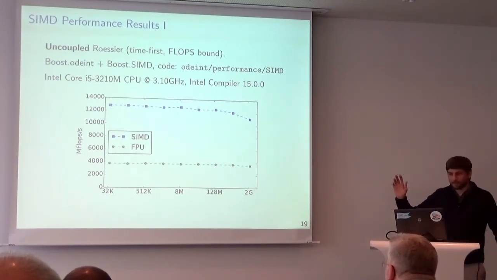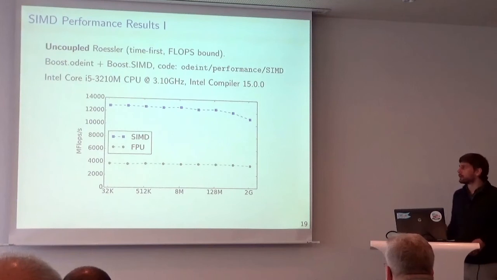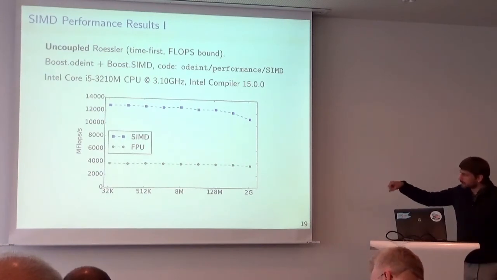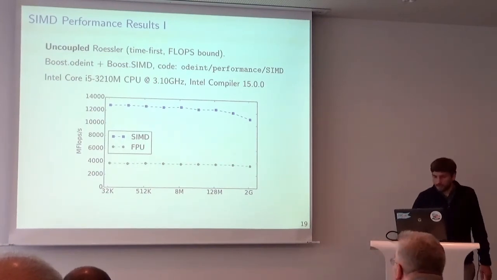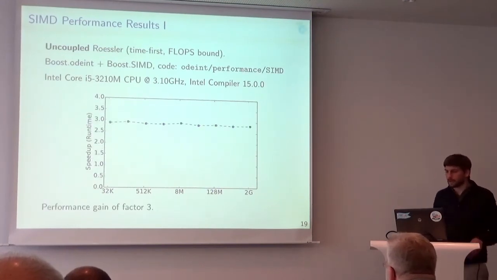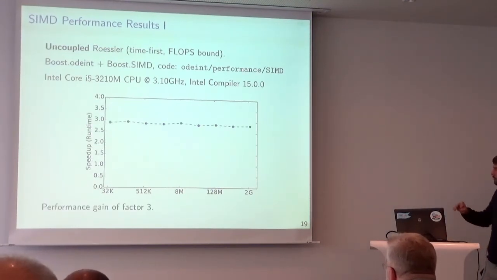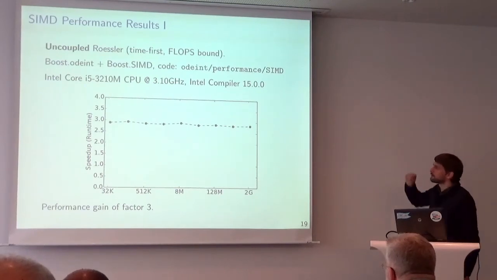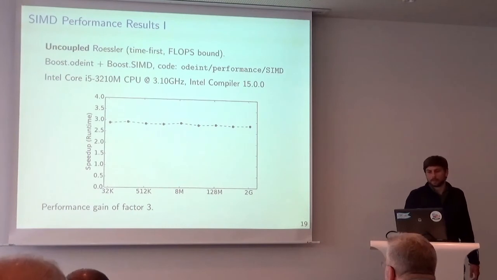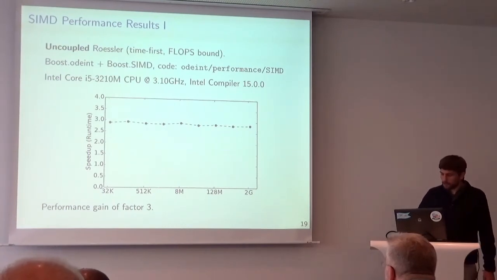So with almost no additional coding, you get a factor 2 or 3 increase. So here I'm looking at the flops, but what I'm really interested in is the speed up of the actual runtime of my simulation. I looked at this speed up, and you can see that I get a factor of 3 by using these Boost Simdi expressions.